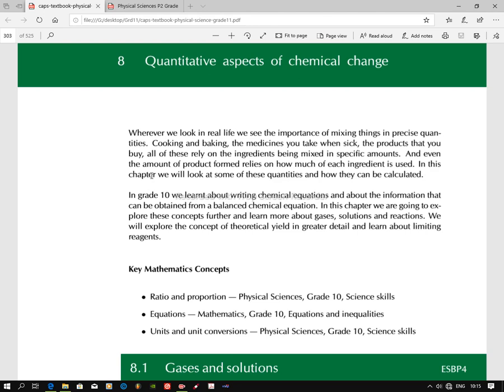We will explore the concept of theoretical yield in greater detail and learn about limiting reagents. So the key mathematics concepts that you should know: the ratio, the proportions, physical sciences, grade 10, the science scale.